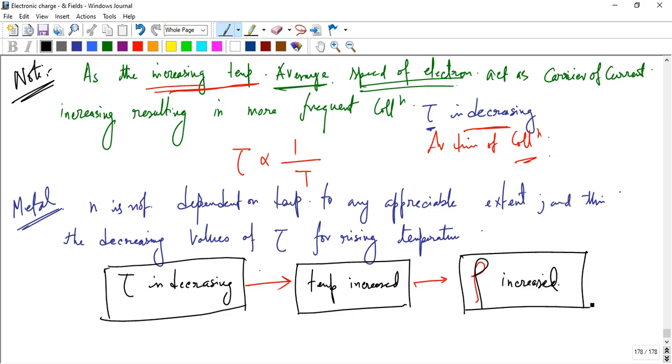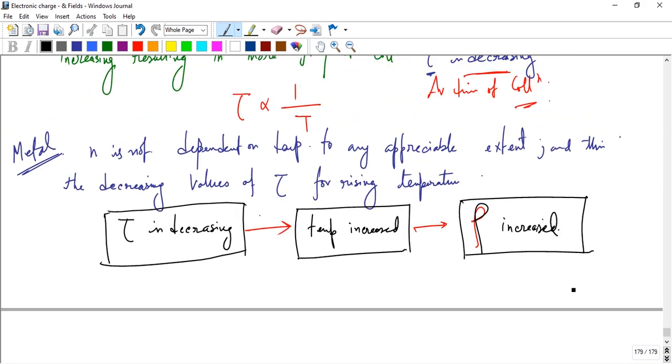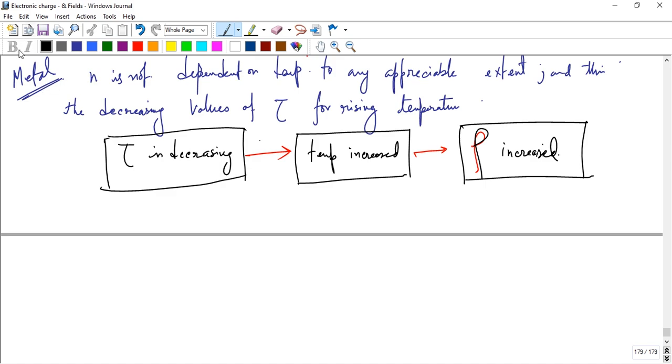In an insulator or semiconductor, unlike a metal, n is directly proportional to T. So if temperature is increasing, n is increasing.